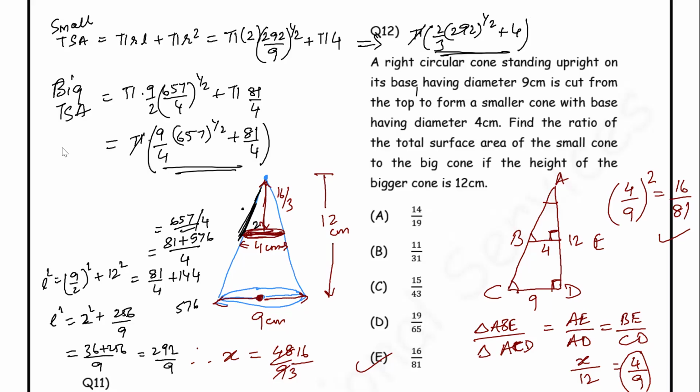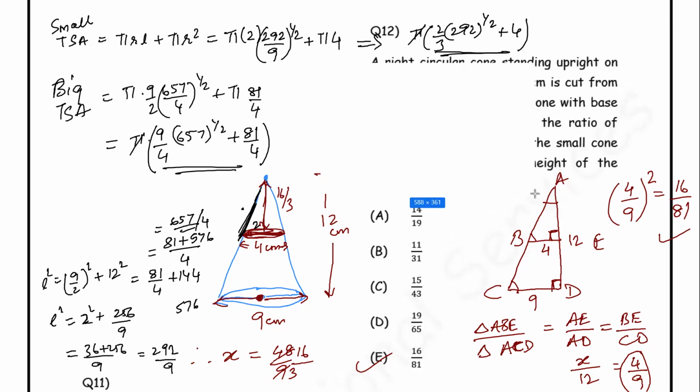Again, I require some white space. So let me use this space out here. Okay. So I have 2 by 3 and 292 is 146. Okay. And 146 is 72.